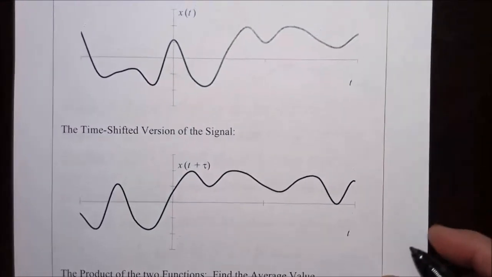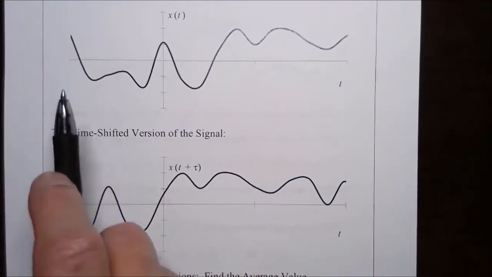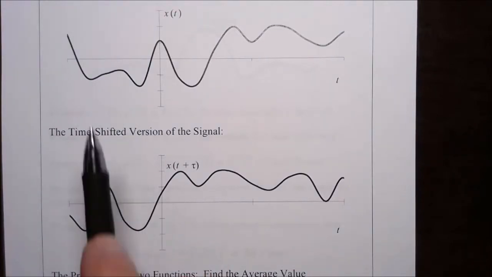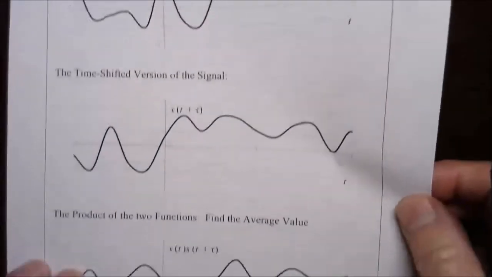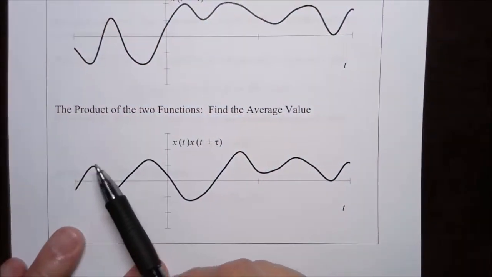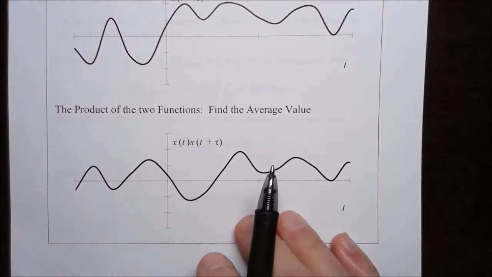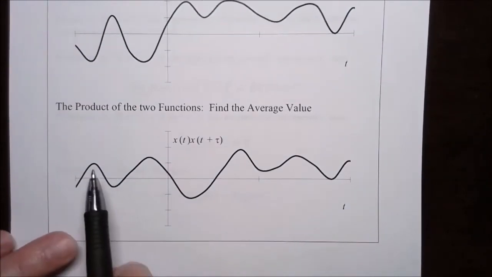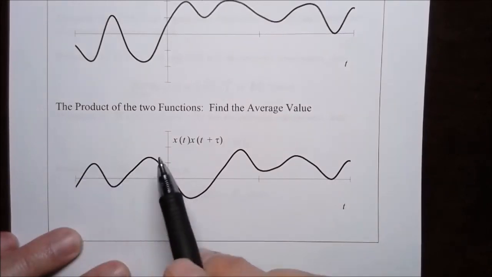Now, to find the autocorrelation function, we multiply these two, the original function and the time-shifted version, point by point. And when you do that multiplication, you could get a trace that looks something like this. This is the product of the two. And now we want to find the time average of this signal.